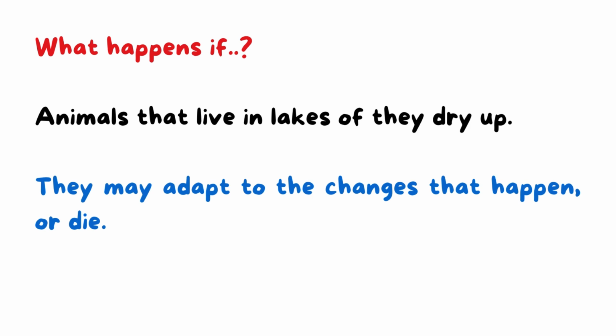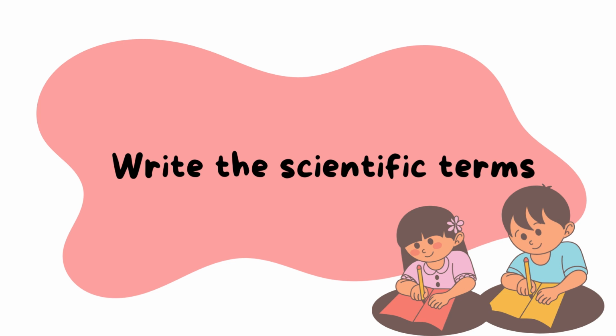When these lakes dry up, they may adapt to this drought condition, or they may die. Okay, here we finished the what happens if questions, and we will turn to write the scientific terms.